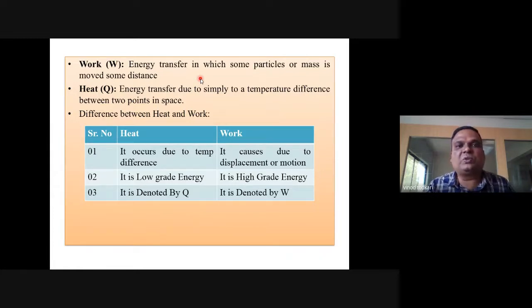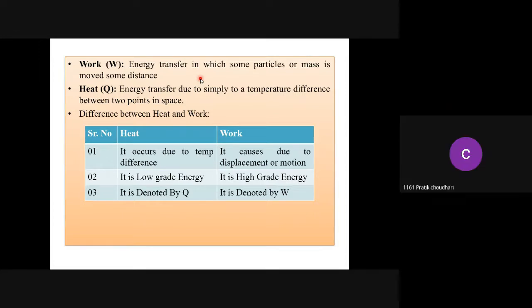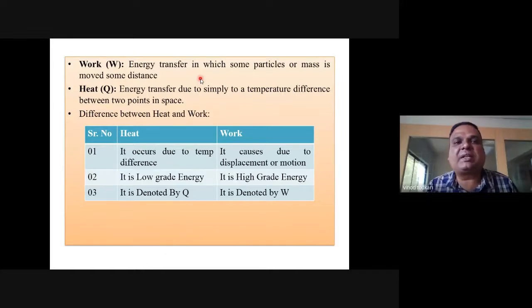So when I open the door, what will happen? Yes, there will be flow of which energy? Which is the energy which flows due to temperature difference? Can anyone tell me? Heat energy. Yes, heat energy flows due to temperature difference, right?